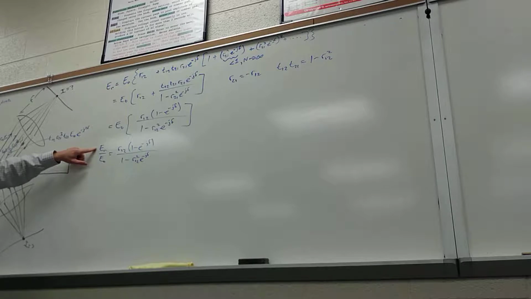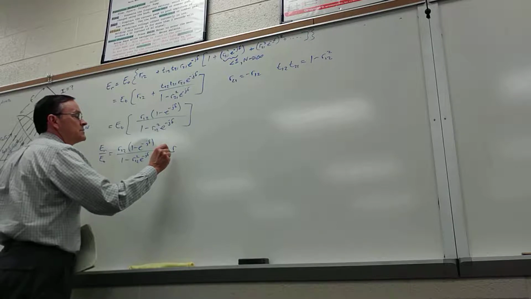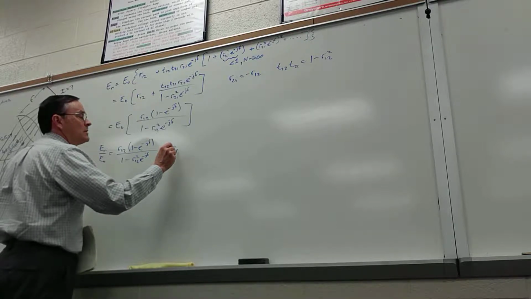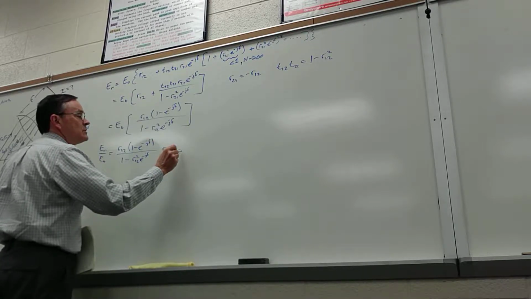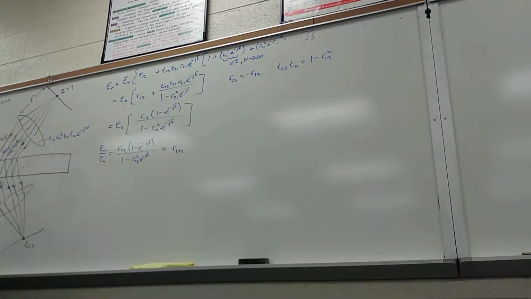And this total reflected field takes into account all of the multiple reflections, all of the phase shifts. So we could say, why don't we just call this the reflection coefficient starting in medium 1, having a slab of medium 2, and coming back out on the other side in medium 1. Let's call it R121. And that takes into account every reflection.